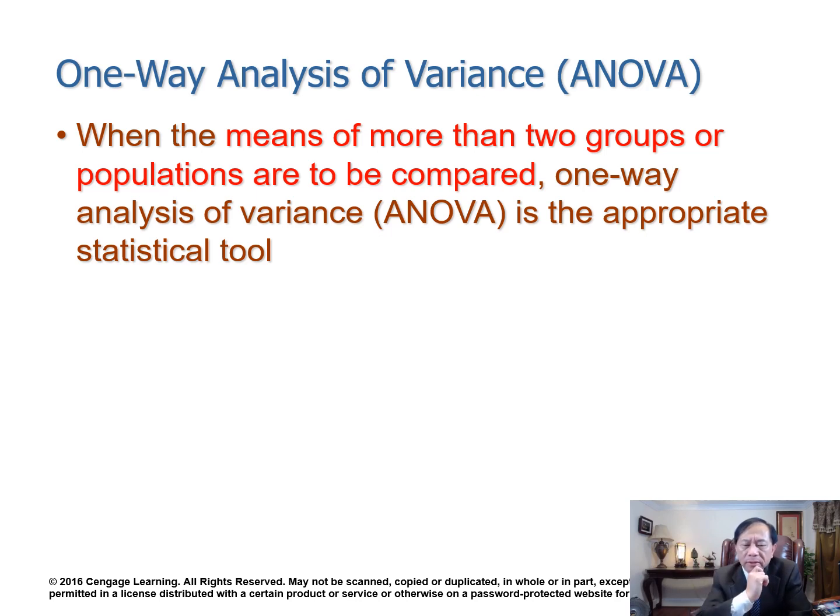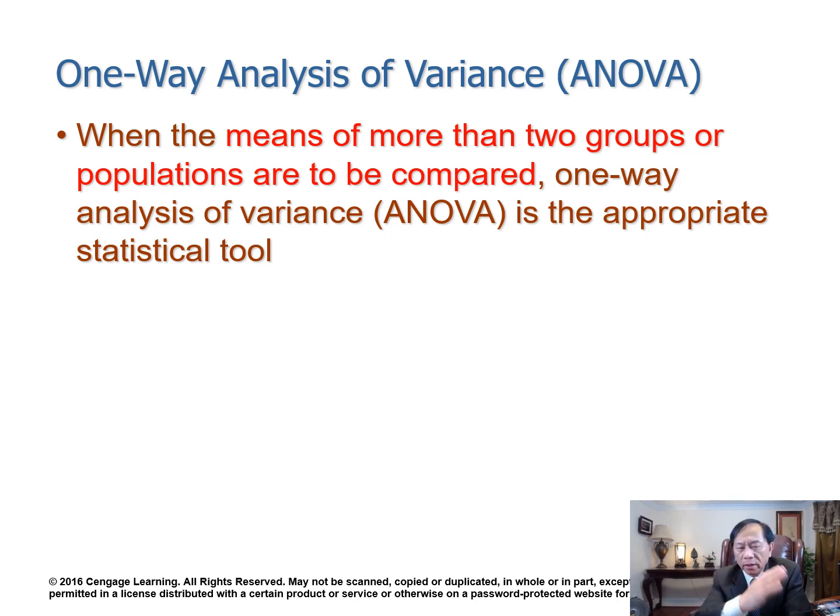Say you have something like a measurement of attitudes or purchase intentions among different groups, let's say between 4 different age groups or 5 different income levels. You want to compare more than 2 groups at the same time.